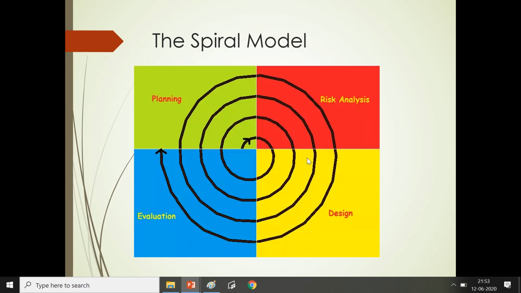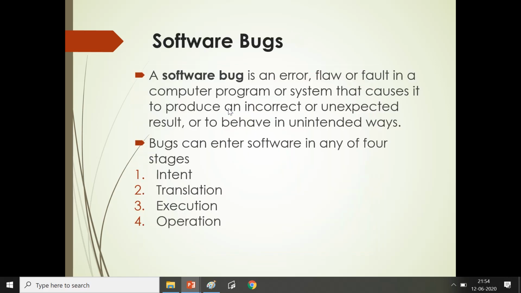The model allows flexibility to manage requirements and control changes. So here we can see, starting from planning in this quadrant, then risk analysis, design, evaluation, and again. So this is the third, important combination of the first two models, that is the spiral model.